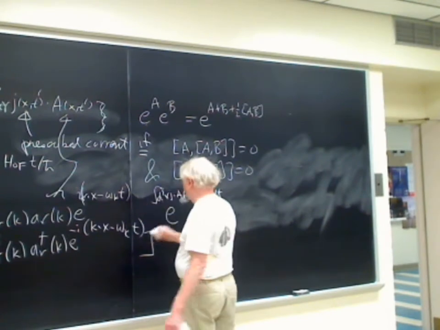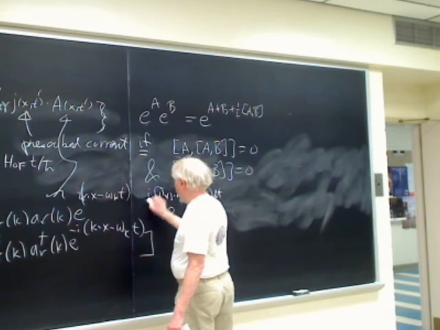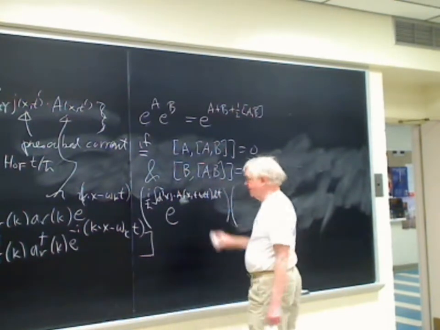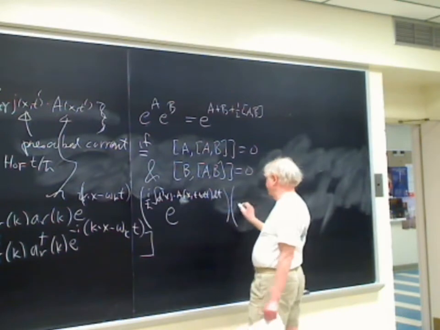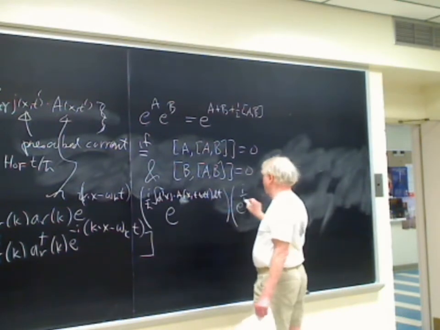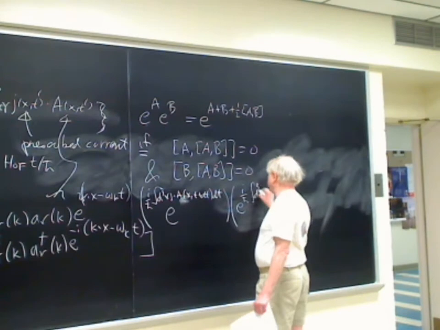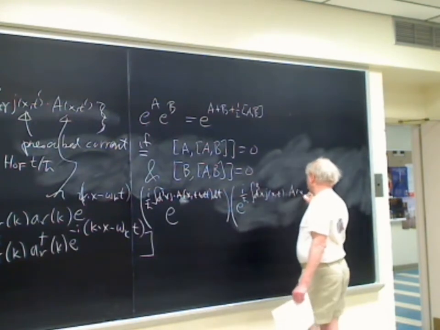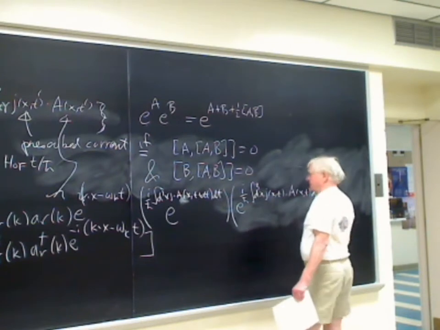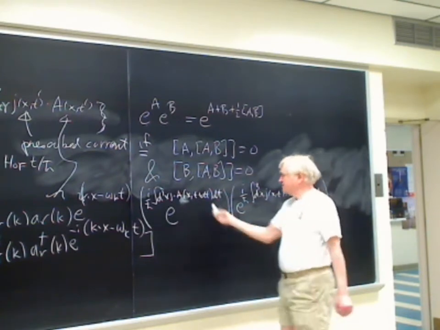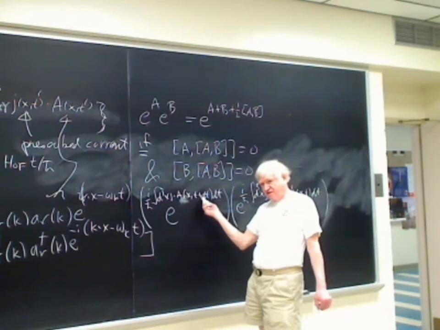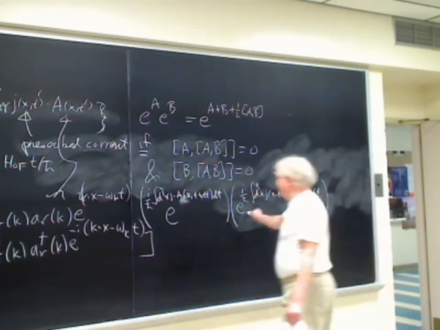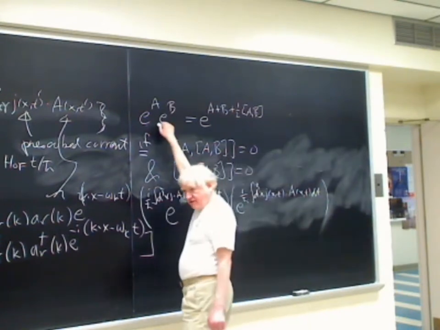In other words, this time ordered product, I'm just sort of writing it down. i over h bar is this. It's an infinite product, an ordered product of things that look like this: i over h bar integral d cubed x j of x t dot A of x t dt. So the difference between here and here is that we move forward one time slice, dt.